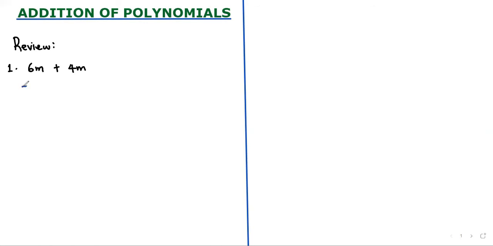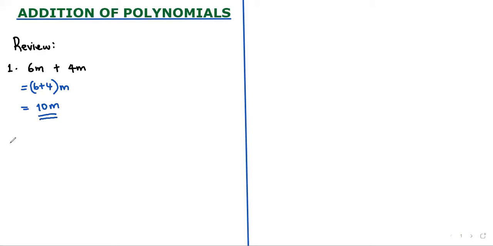So that will be 6 plus 4. And then we multiply their sum by the variable, that is m, since the variables are the same. So that means that we will come up with 10m. Okay.